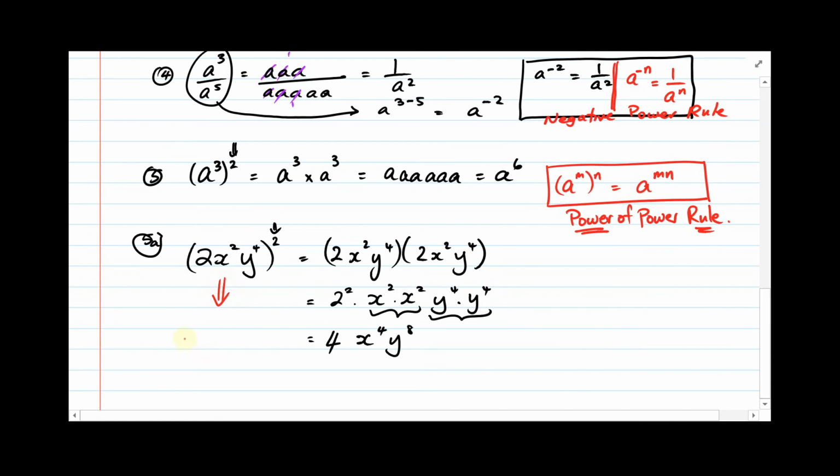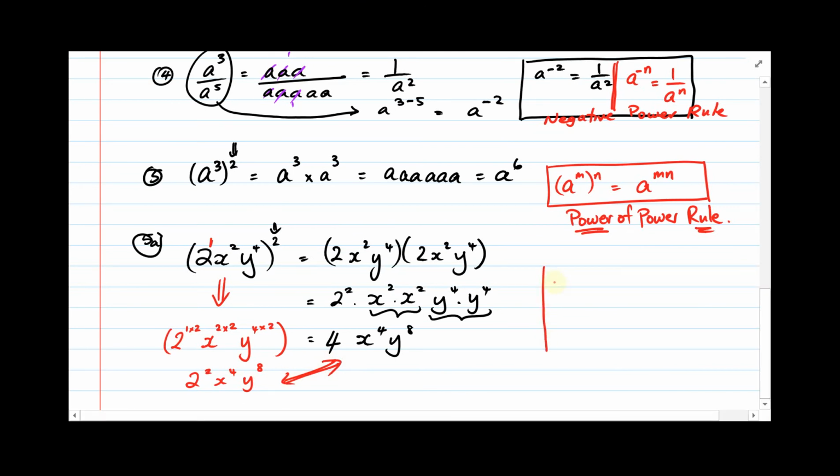But could we have done this faster? And of course the answer is yes. If we look on the inside, each item inside the bracket is raised to a power. The 2 is simply raised to the 1st power. And what you are doing is multiplying each of these powers by the power on the outside. So you end up with exactly what you had, 2 squared x to the 4th y to the 8th. Right?